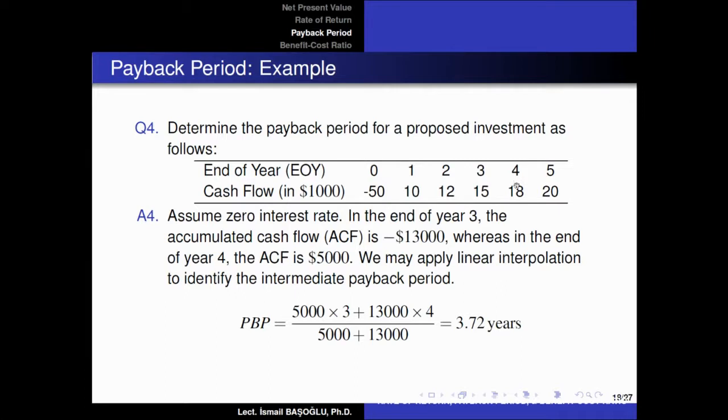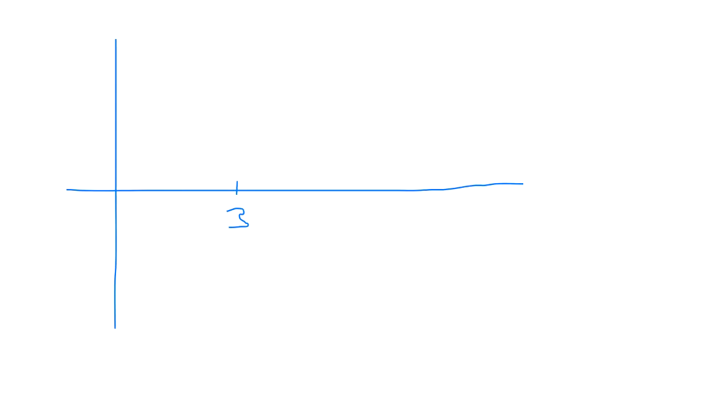Okay, so how do we do that? We are going to apply linear interpolation again. So we are going to have a plot diagram like this. In 3 years, the accumulated cash flow, which is ACF, with the initial amount and the future revenues, is going to be minus 13,000.